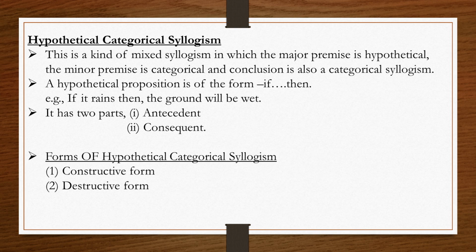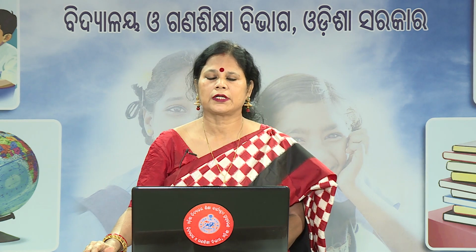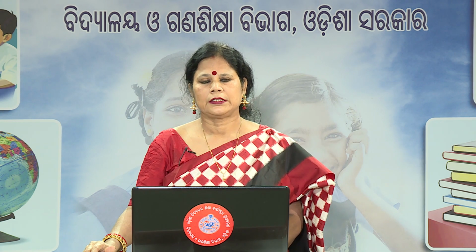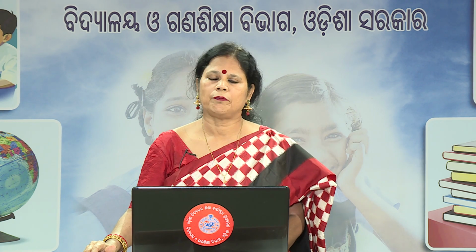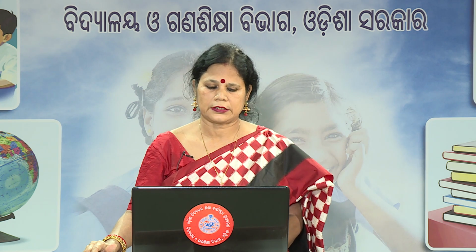Then hypothetical categorical syllogism: the major premise is hypothetical and the minor premise is categorical, the conclusion is categorical, and it is of 2 forms, constructive and destructive. The constructive rule is: by affirming the antecedent we affirm the consequent, and the destructive rule is: by denying the consequent we deny the antecedent.